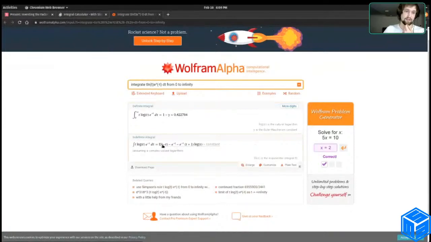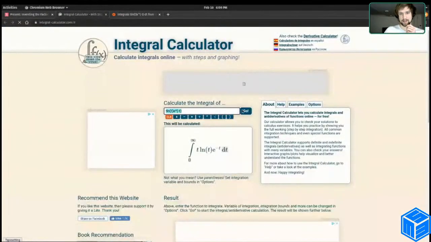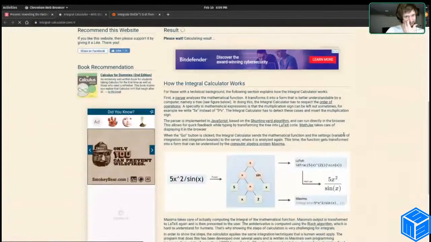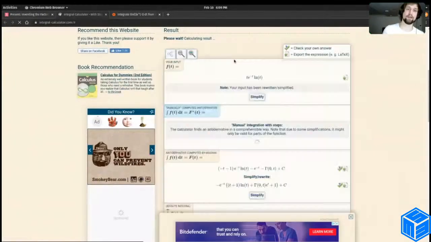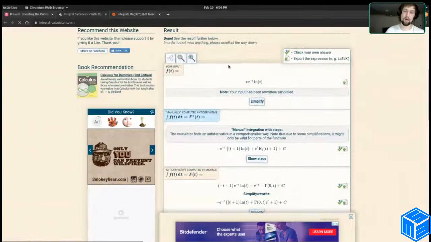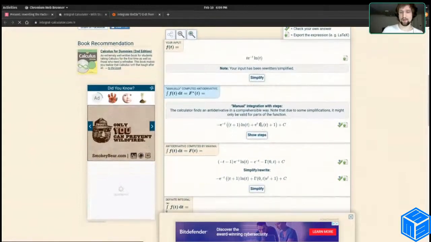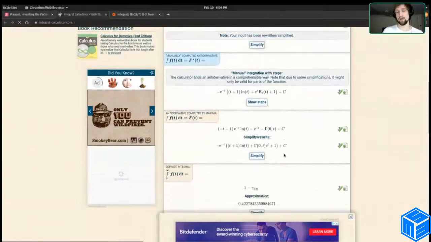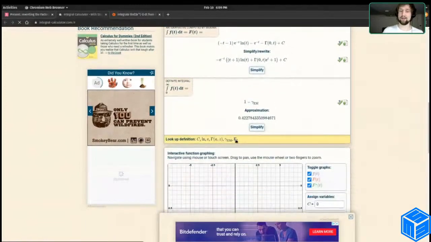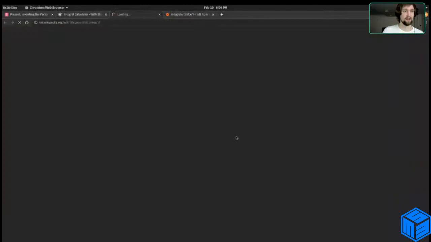And the indefinite integral, which involves this Ei of negative t, which is interesting. We can go over here and see what happens over on Integral Calculator. And it works through. It also decides that its antiderivative involves this E1 term, which, once again, is not elementary, does not have an elementary antiderivative.